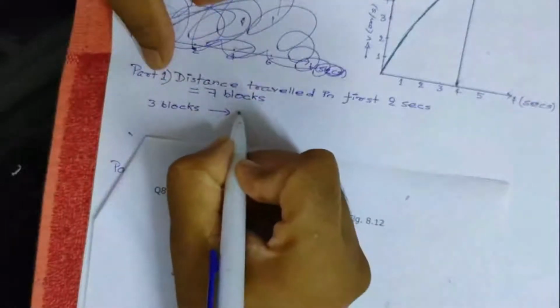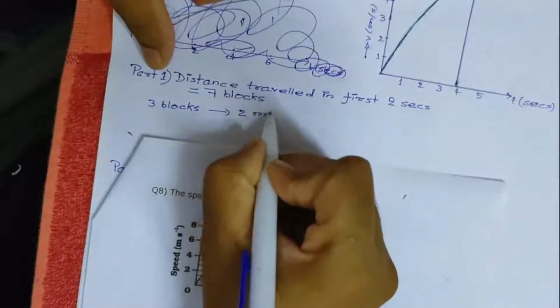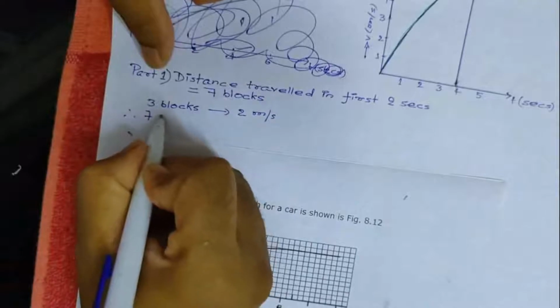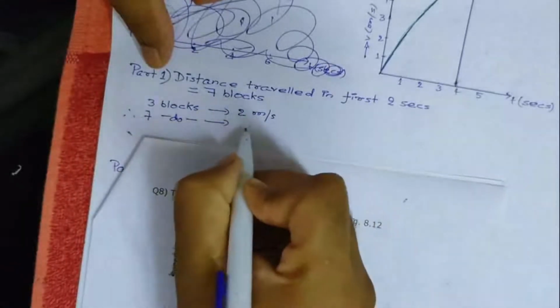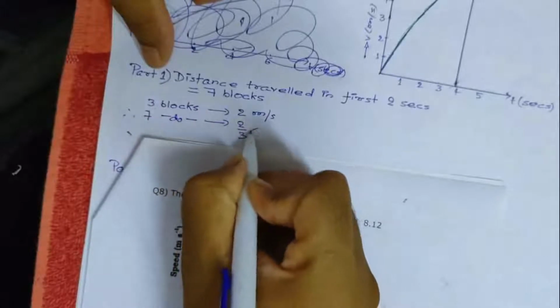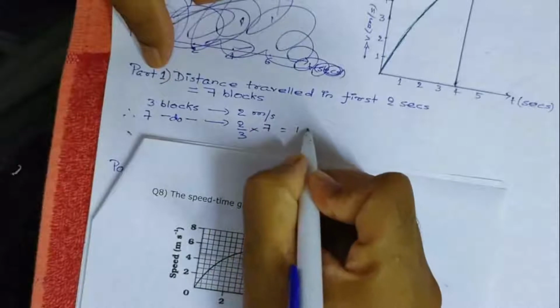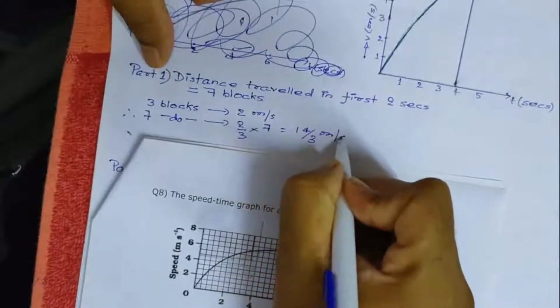Sorry, 2 meter per second. So now we have 7 blocks. I think we can calculate. It will come out to be 2 by 3 into 7. That is 14 by 3 meter per second.